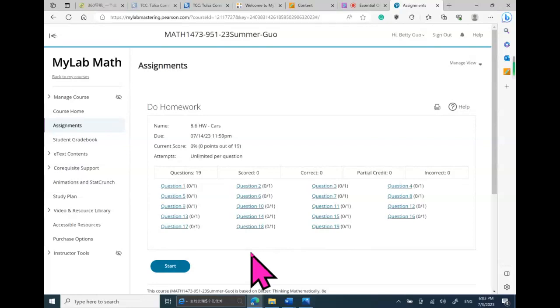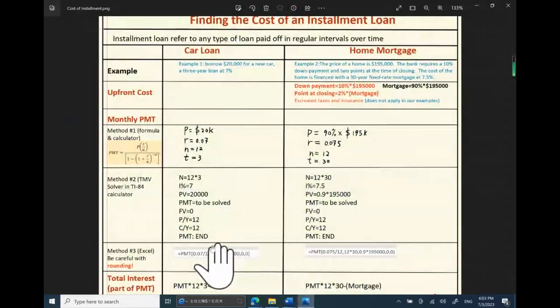So you might need to borrow money, get a loan. So both auto loans and home loans belong to installment loans. Then what is an installment loan?